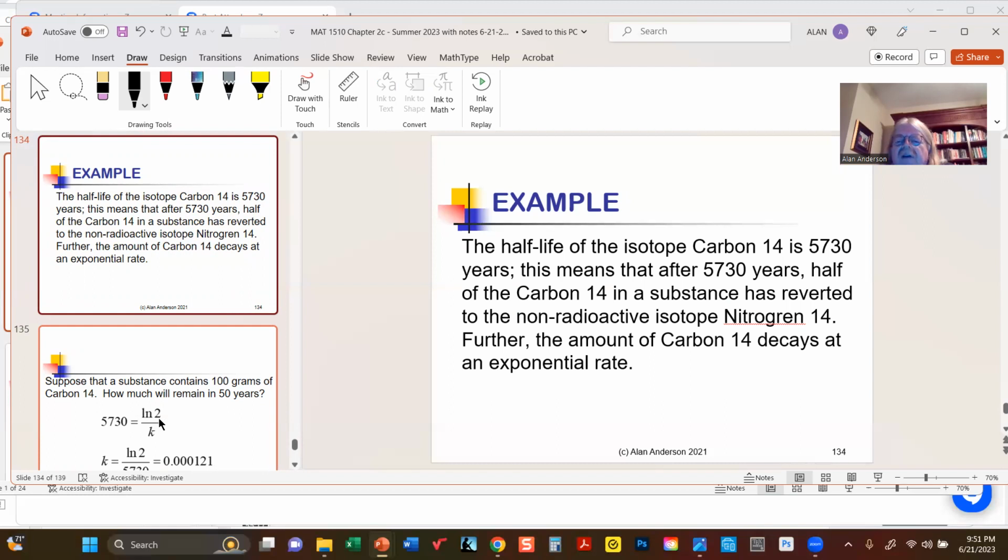So in other words, after 5,730 years, half of the carbon-14 in a substance has reverted to the non-radioactive isotope nitrogen-14. And it decays at an exponential rate. Now, this is all well-known, well-documented, and this is why it's possible to date things with carbon-14, because it's completely predictable.